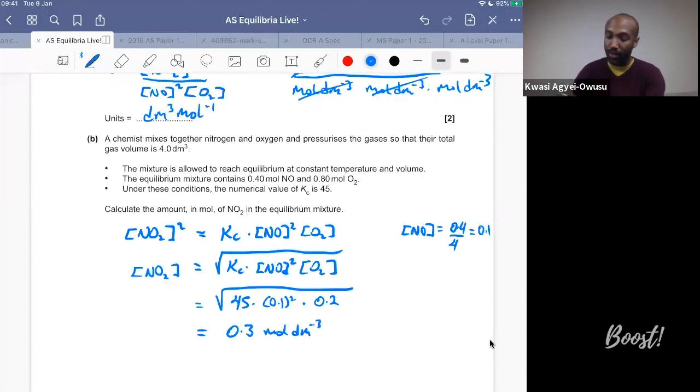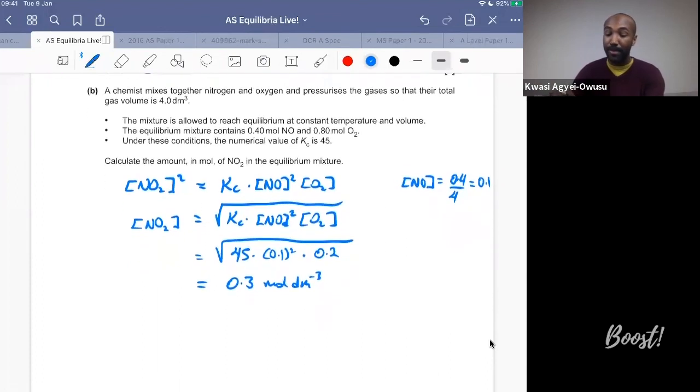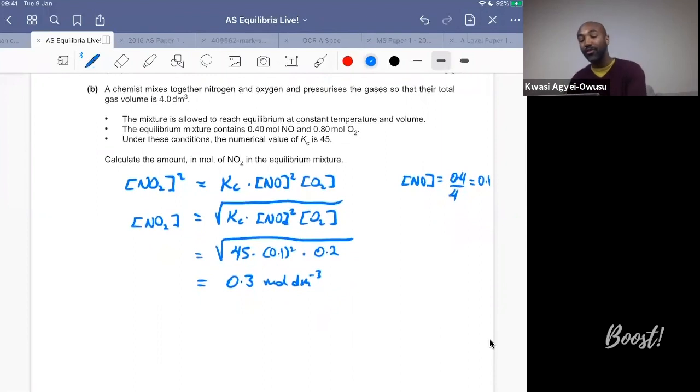But we're asked to calculate the amount in moles, so we want the number of moles of NO2. So we know that concentration is equal to moles over volume in dm cubed.